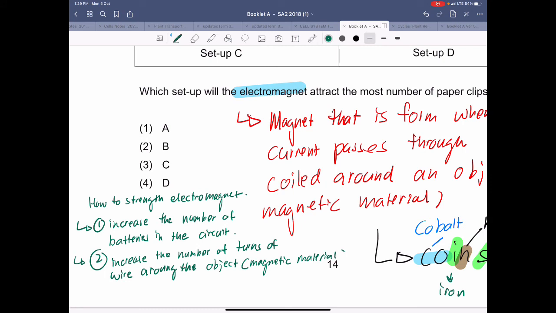So this object, usually they will give you in the form of a nail. They will tell you things like iron nail, steel nail, or it can be an iron rod or steel rod, because both steel and iron are magnetic materials. And last but not least, we are looking at using batteries of a higher voltage.